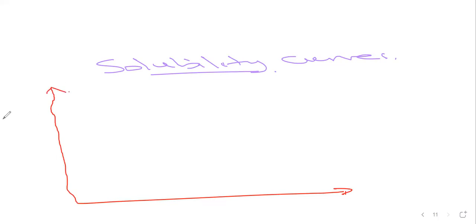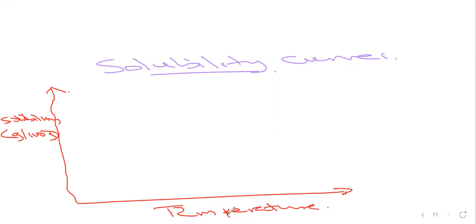Those are graphs plotted for solubility in grams per 100 grams of solvent against temperature. You normally have solubility of given salts increasing exponentially.